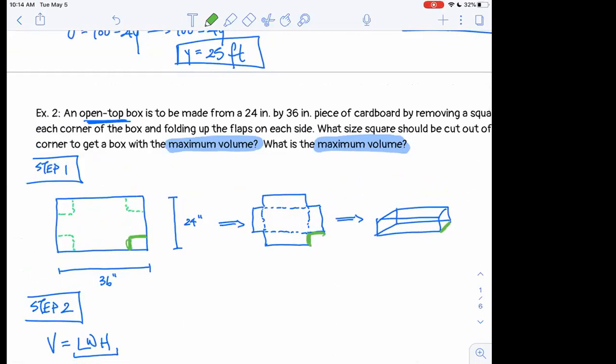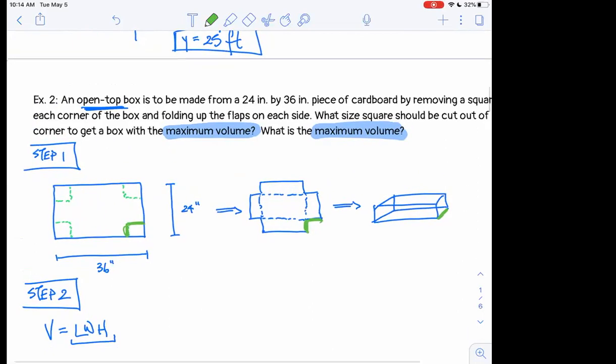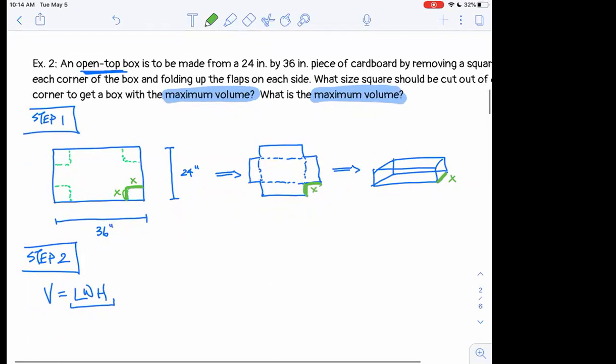So I'm going to go ahead and say that the size of the square that I cut out, I'm going to call this X by X. That means that I have X and X over here, and then this green line at the end means that the box has a height of X. So I'm going to take my H and I'm going to replace that with an X, all right?